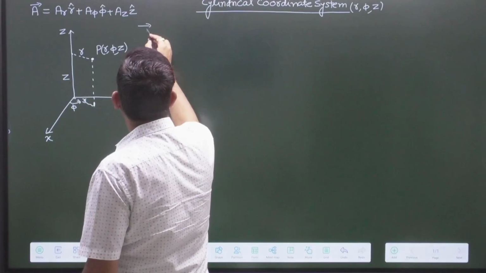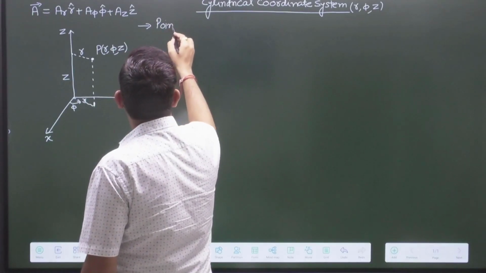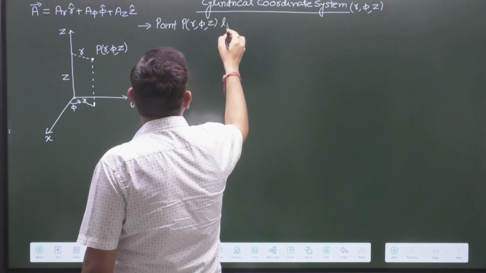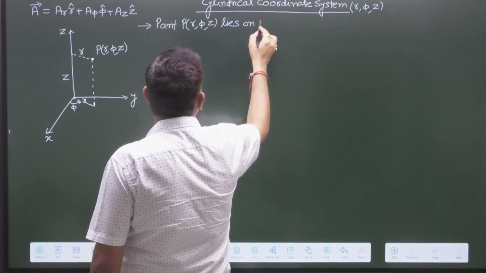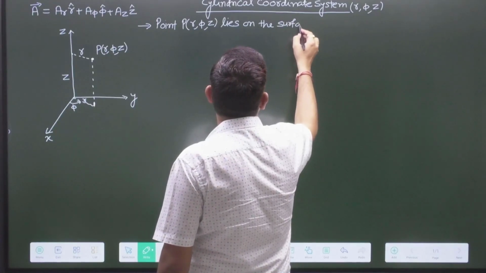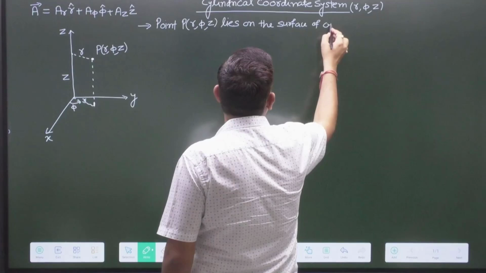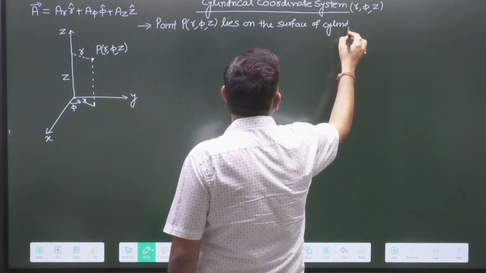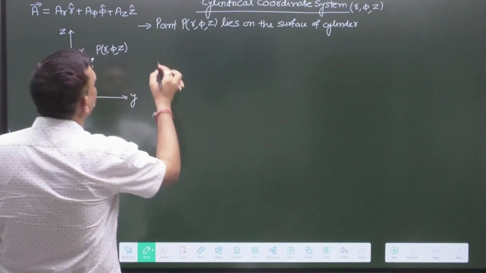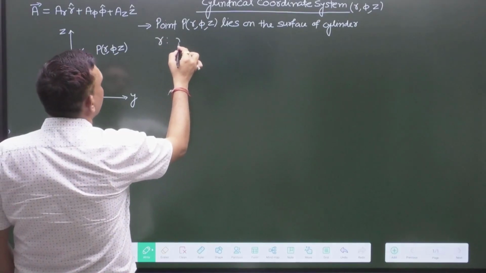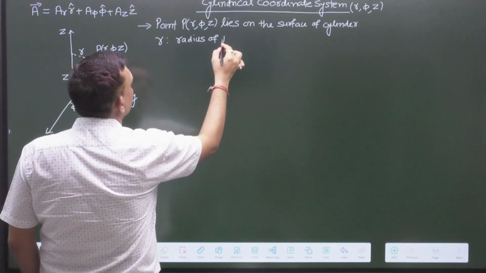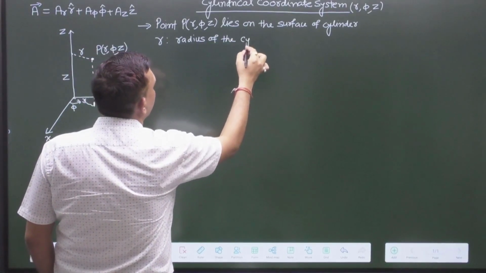So here point P (r, phi, z) lies on the surface of the cylinder, where r is the radius of the cylinder.